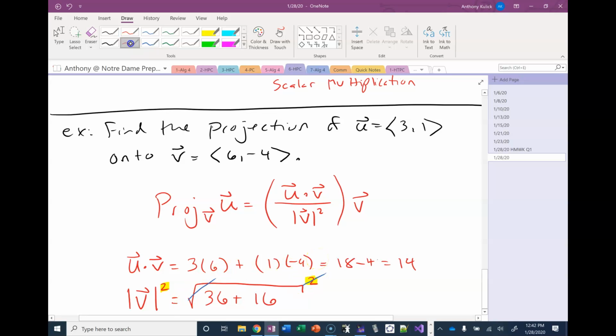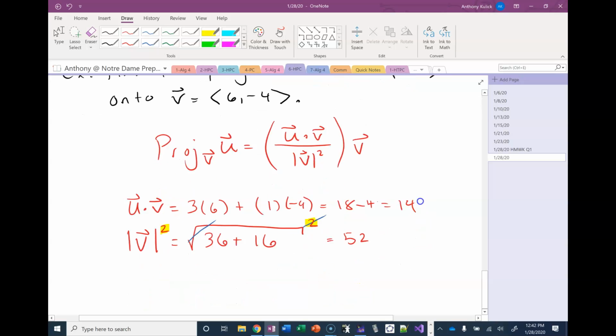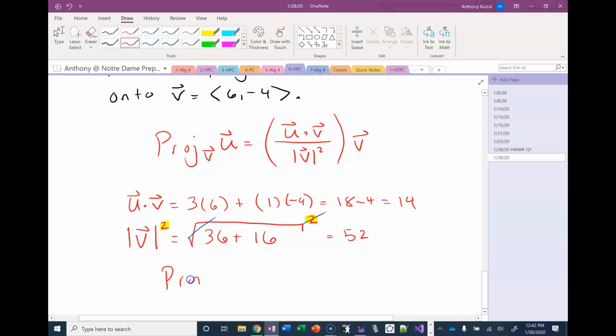So that squared can just cancel the square root, and we're left with 52. So this works out to be just 14 over 52 times the vector 6, -4.